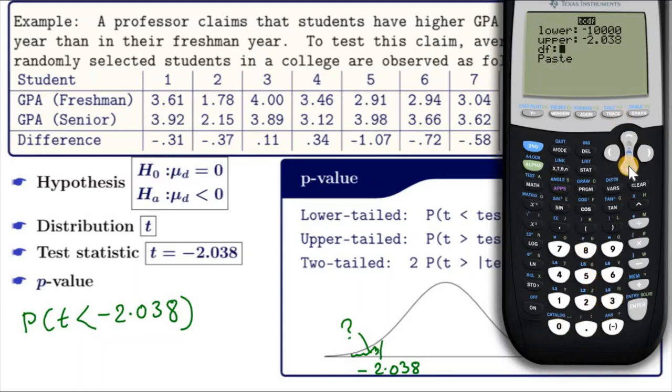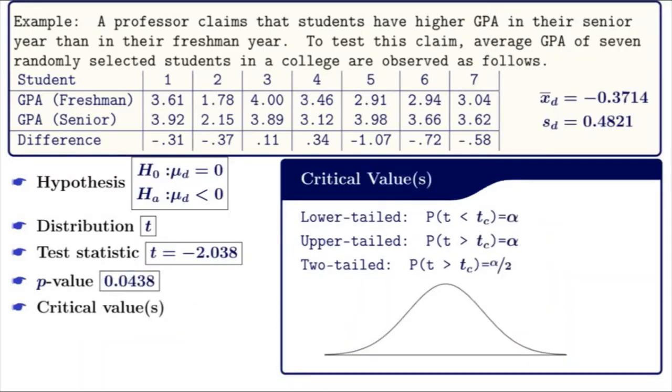Our degrees of freedom is n minus 1. So here n is 7, so 7 minus 1 is 6. Then hit enter. Then enter. So this number here is our p-value. So let me write that down over here. So p-value is 0.0438.